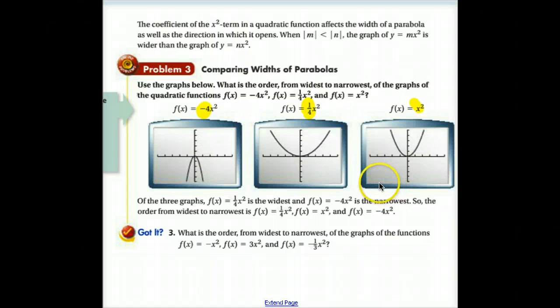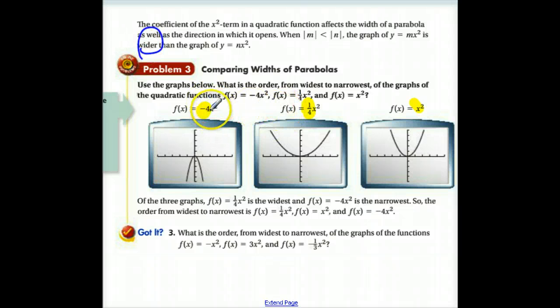To know which one will give you the widest, for example, if we have two quadratic functions, y equals mx squared and y equals nx squared, if the absolute value of m is less than the absolute value of n, so ignore the negatives, the smaller coefficient will have the widest graph.